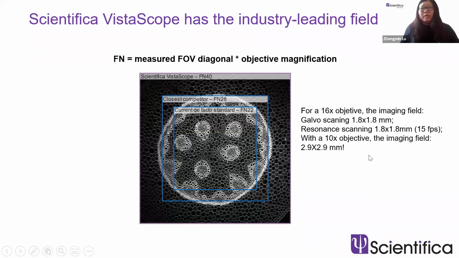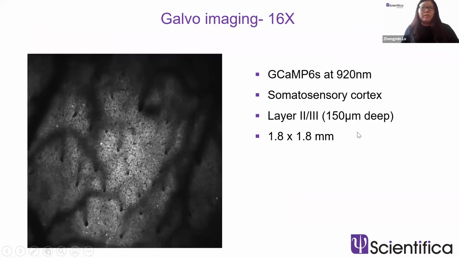With the 10x objective, sacrificing a little bit of spatial resolution, you will get 2.9 by 2.9 millimeters, which is pretty much the largest field of view a microscope can achieve. But we're selling the microscope at the price tag of a regular microscope.